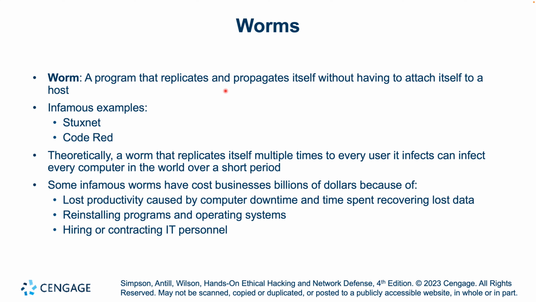Instead, they exploit vulnerabilities in operating systems, network protocols, or other software components to freely spread from one computer to another. And these are very good examples, like Stuxnet or Code Red.